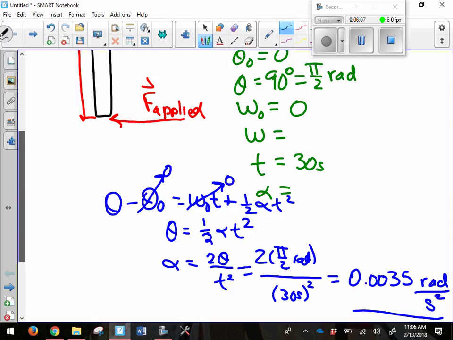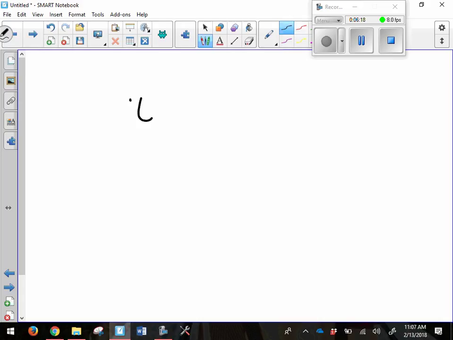Okay, so my applied force here is creating a torque on the door, making it move. So I can say that tau applied, what did you say it was though? It's I alpha. But where do I get my F applied in here? What else is torque equal to?